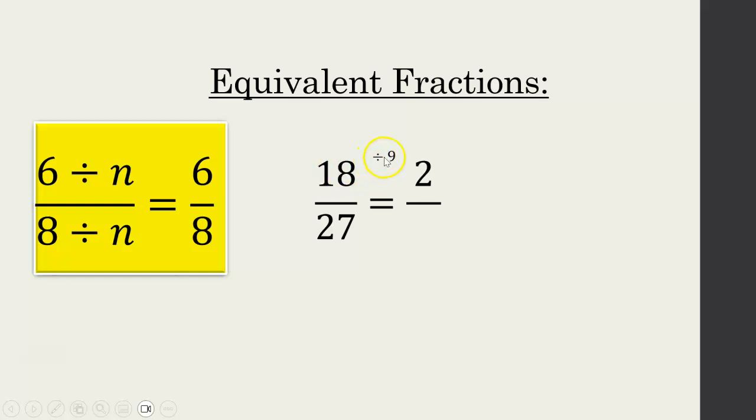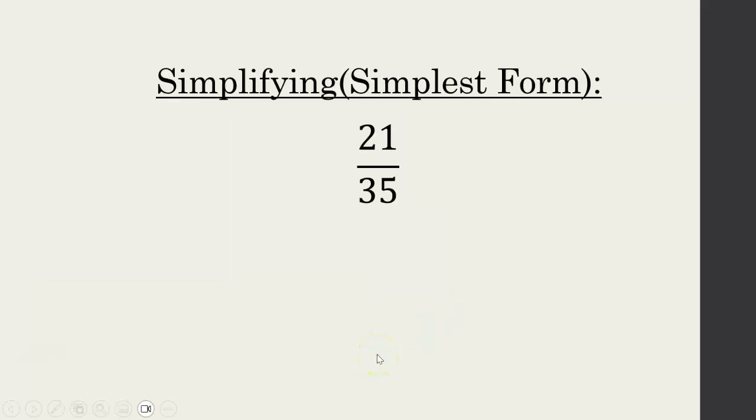So 18 divided by 9 is equal to 2. And that still is okay, that rule here. If I multiply or divide, this is a division one, that's A-okay. So I've done something to the top, I have to do it to the bottom, to the denominator. So if I divide 27 by 9, that's going to be 3. So 18 over 27 is the exact same thing as 2/3. And how did I get that? I divided it by 9.